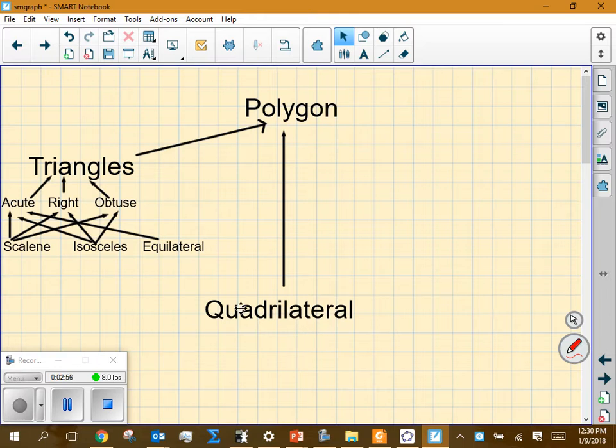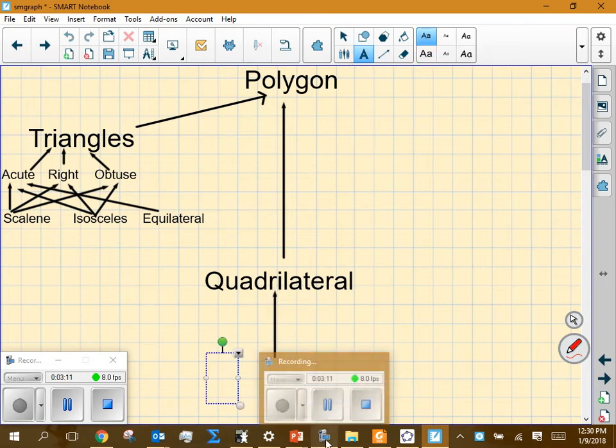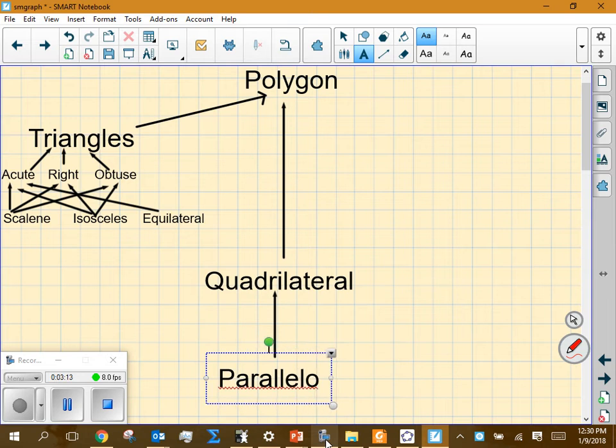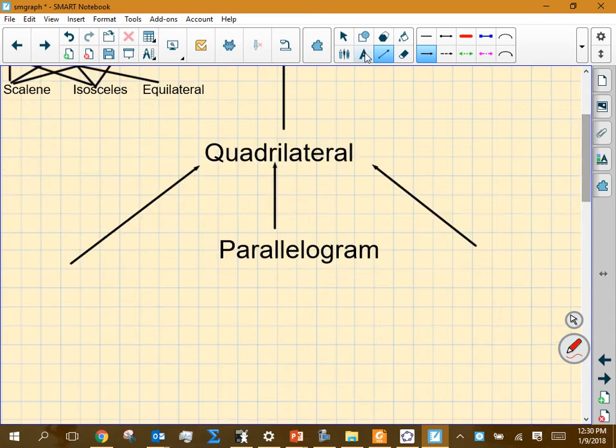Okay? So the way we read this, every quadrilateral is a polygon. Is any quadrilateral a triangle? No, there's no links that go over there to the triangles, right? The first quadrilateral that we investigate is called a parallelogram. We will have some other things here.